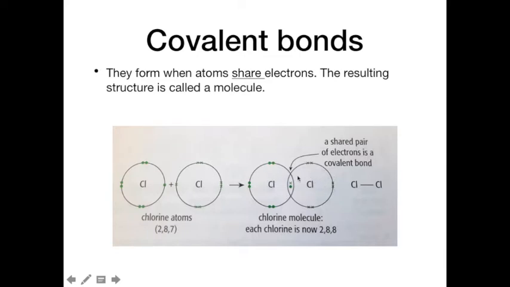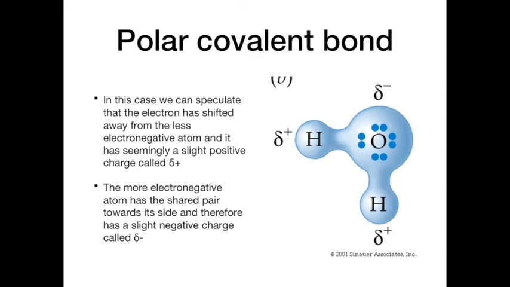But let's say we had two elements where one is more electronegative than the other. That means the one element exerts more force and pulls the shared pair more than the other one. Take water as an example. You see, the oxygen pulls the pair more than the hydrogen, and it goes more in its direction.